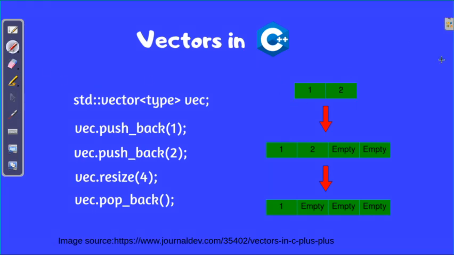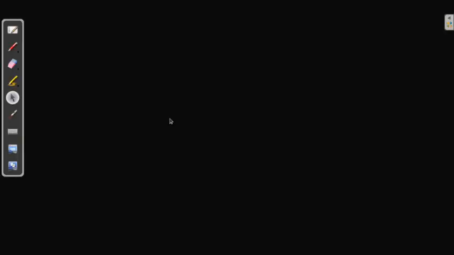If you check, it has an initial size of 2, but after resizing it will gain the size of 4. So you can see that it is dynamically allocated. Now we can go to the next slide.